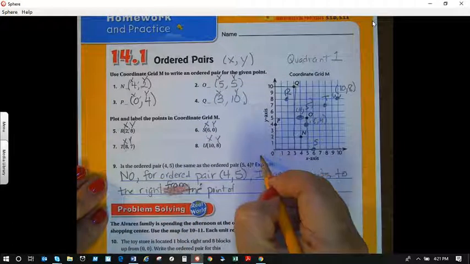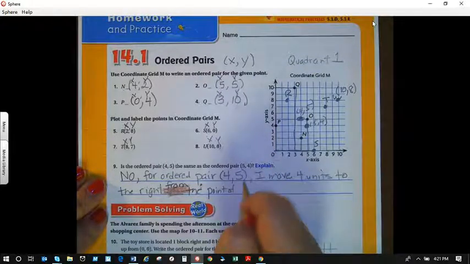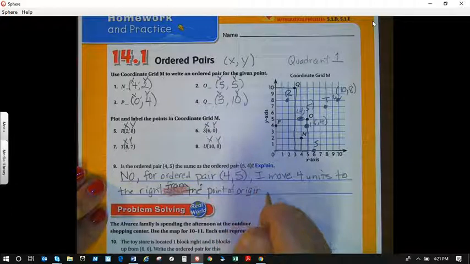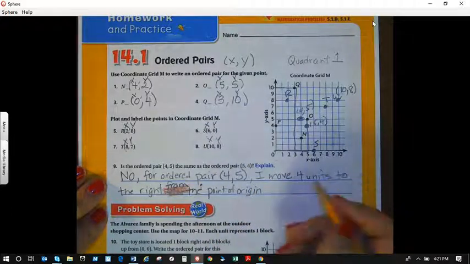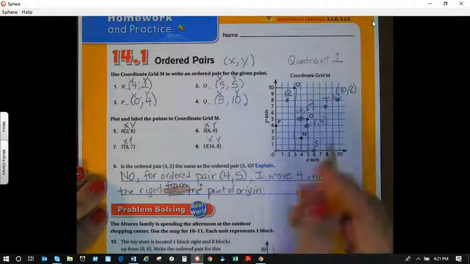And again, this is the point of origin. Right here is 0. 0, 0 is the point of origin. And then up 5 units.